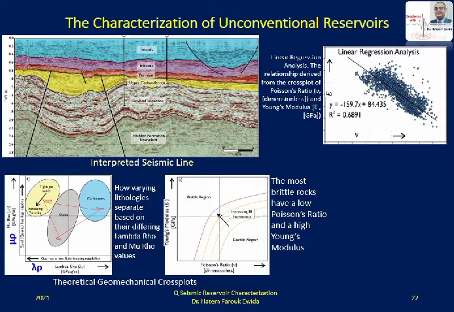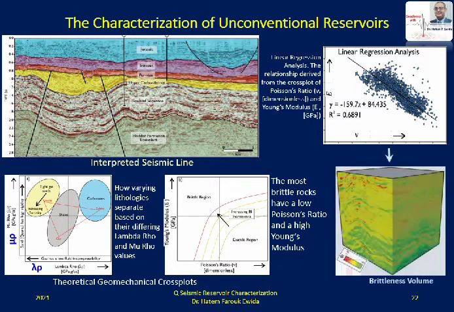Following that, they know now the relation between the seismic traces, seismic reflectivity, and the brittleness. So they converted the whole seismic cube into a brittleness volume. This color bar indicates where the brittle and the ductile zones are. So you know now where you can apply the fracturing.